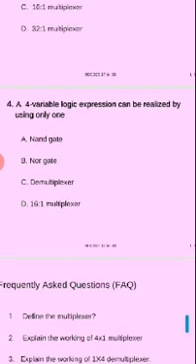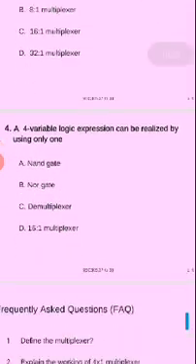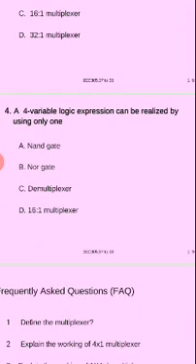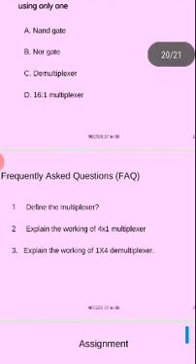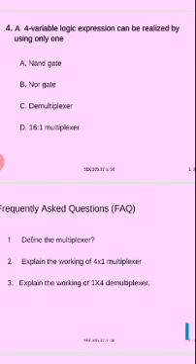Frequently asked questions. Define the multiplexer. Explain the working of 4 to 1 multiplexer.